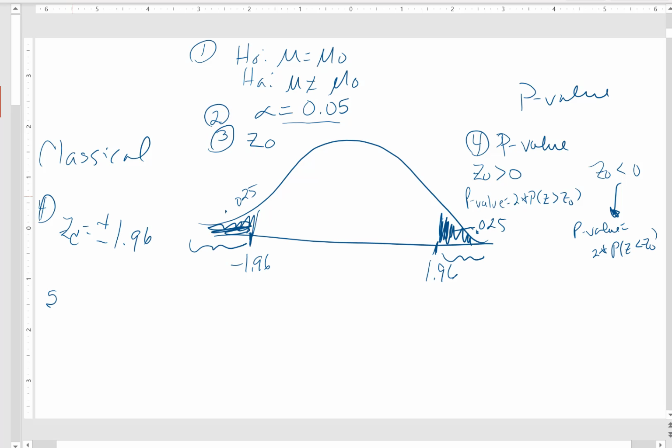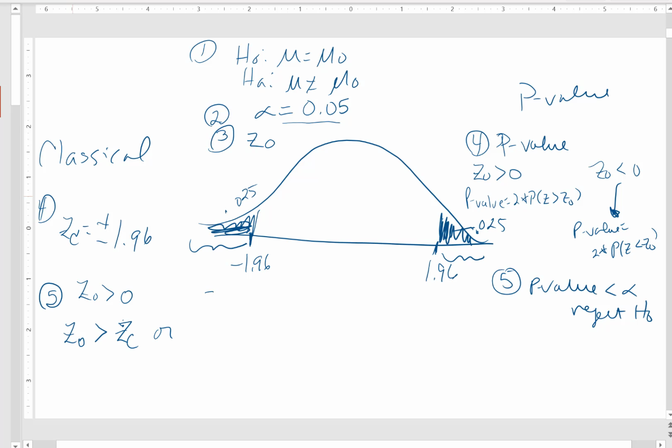And the way that we reject or do not reject, well, this one is always if the p-value is less than alpha, you reject the null hypothesis. But for this one, if my test statistic is greater than 0, is positive, then to reject, my test statistic has to be greater than the positive critical value.